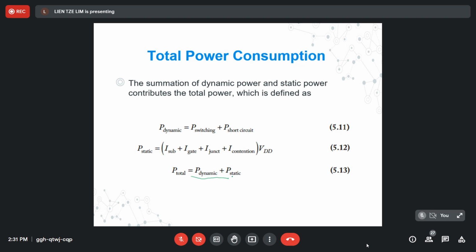The dynamic power dissipation is caused by switching. The switching power is this one, C F C VDD squared. Then this is the short circuit power, the F I short and VDD. There is also the leakage power, but it is not shown here. We can also include the power leakage.